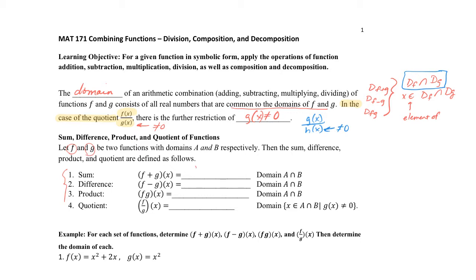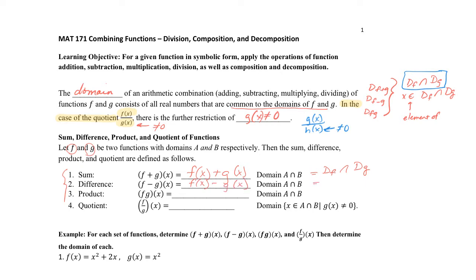So f plus g of x we know is the same as f of x plus g of x. And the domain is going to be the intersection of A with B. So we've already said the domain of A is going to be what the domain of f is, and that'll be the intersection with the domain of g. For the difference, f minus g of x is the same as f of x minus g of x.